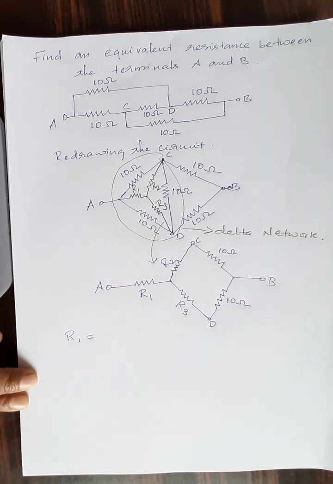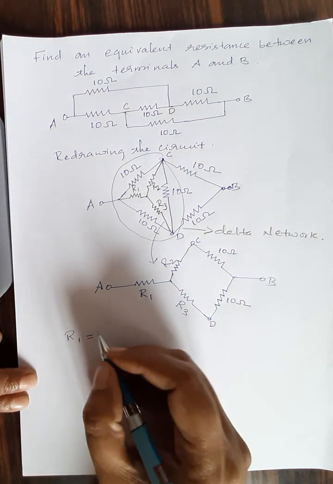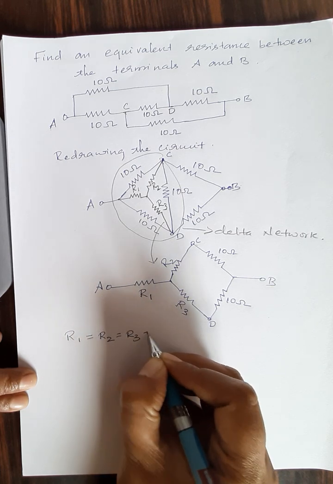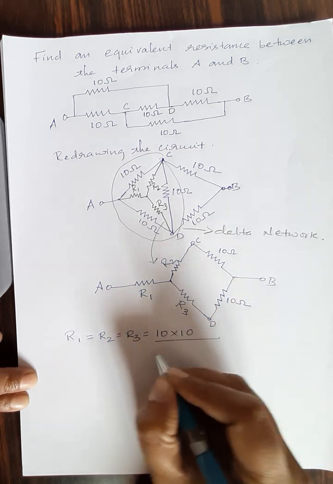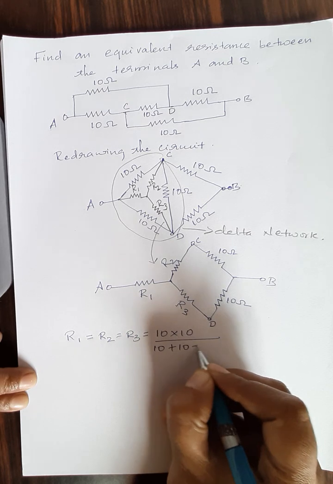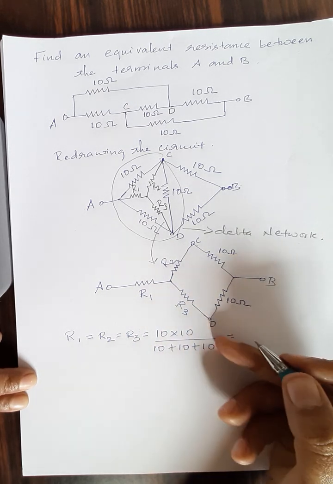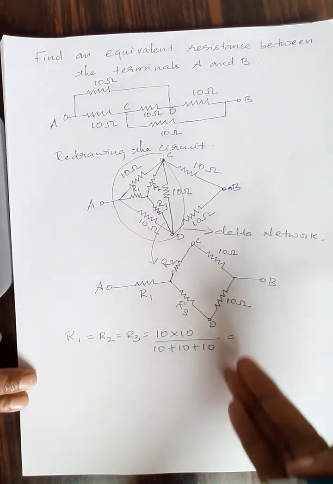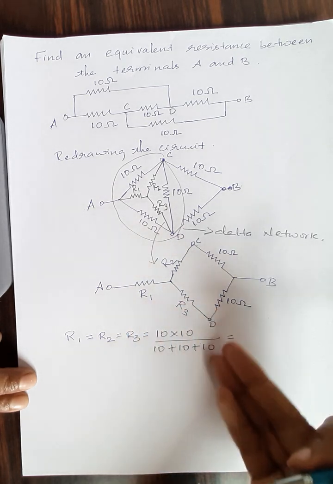So from the transformation, what will be R1, R2 and R3? Because all the resistances are 10 ohm, you can clearly say R1 equals R2 equals R3 equals 10 into 10 divided by 10 plus 10 plus 10, because all the resistance values here are 10 itself. If you substitute for R2 and R3 also, you will have the same numbers.